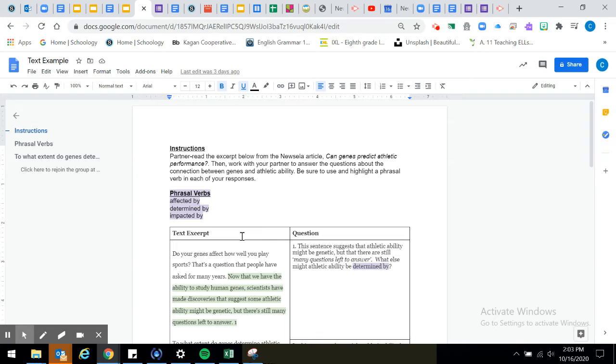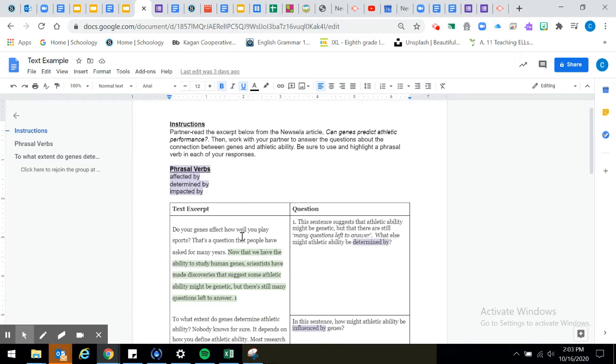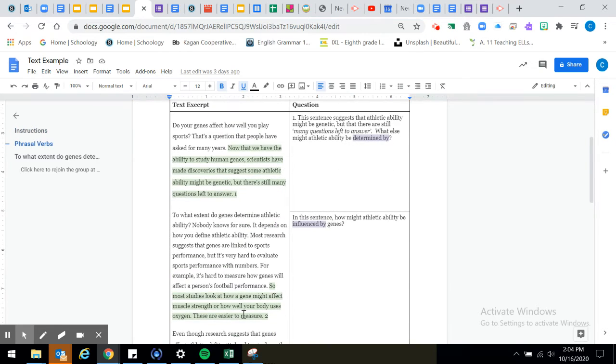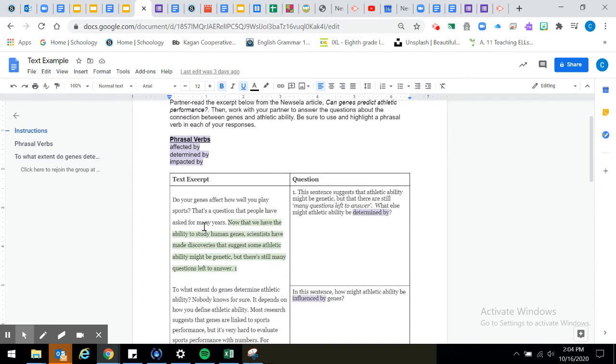You'll be doing this in partners, so you can share one note catcher per group. You will partner read the excerpt below. This isn't the whole text. An excerpt means just a part of a text. Remember, when we partner read, person A will read the first paragraph and then person B reads the second paragraph. You'll partner read this excerpt aloud with your small group.